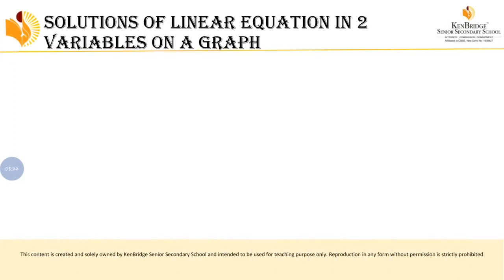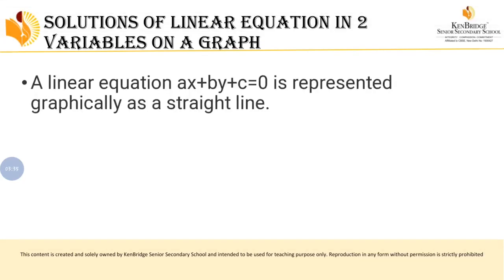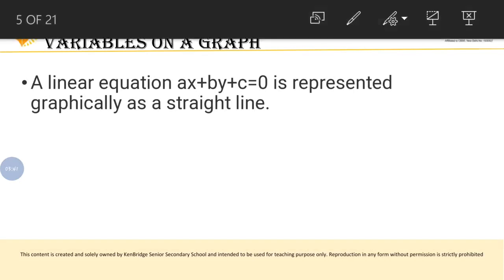Solution of a linear equation in two variable on a graph. We know how to find the solution of a linear equation in two variable. Now we are going to see how to plot that solution in a graph. A linear equation ax plus by plus c is equal to 0 is represented graphically as a straight line.